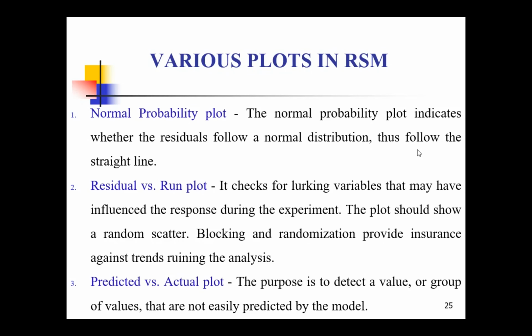If it is not normally distributed, then once again we have to do that specific experiment and then fit. Next is the residuals versus run plot for each and every experiment. For example, if I am going to perform 20 experiments, for each and every experimental trial a residual will be there. That is the difference between the experimental and the predicted. How is this predicted?